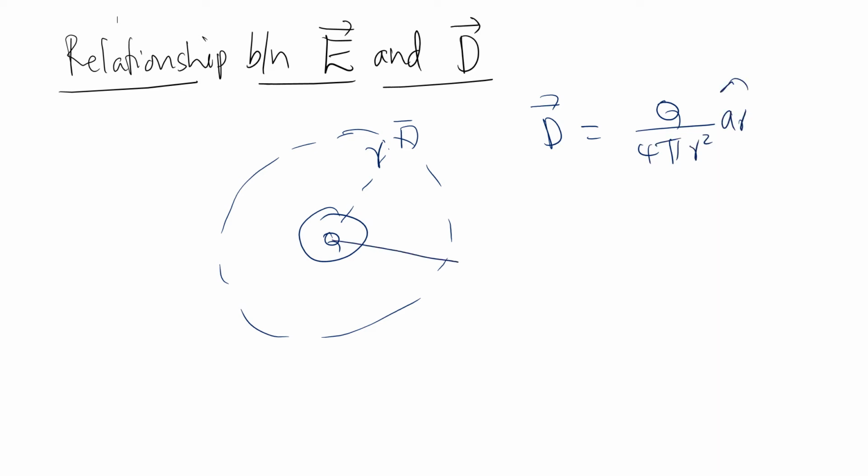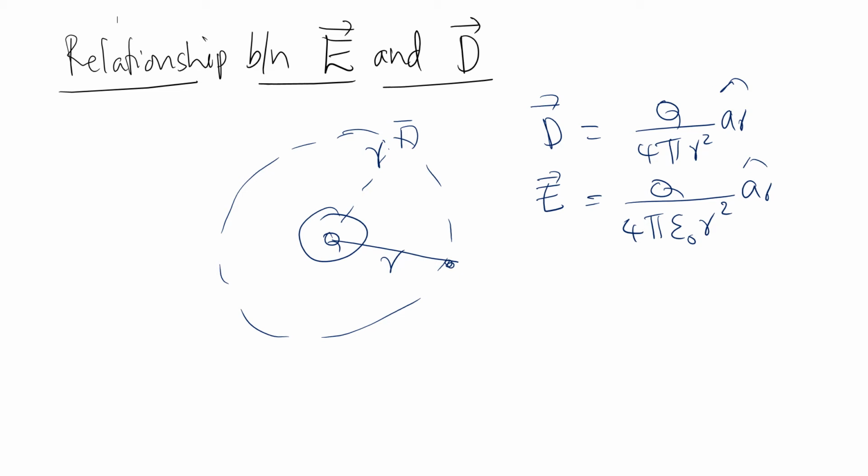And for the Q at a distance r, the electric field intensity E is given by Q by 4 pi epsilon 0 r square a_r cap, right? If you see these equations, they are similar. The only thing is there is an epsilon 0 extra.